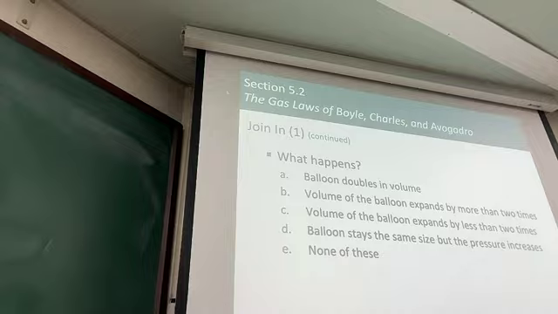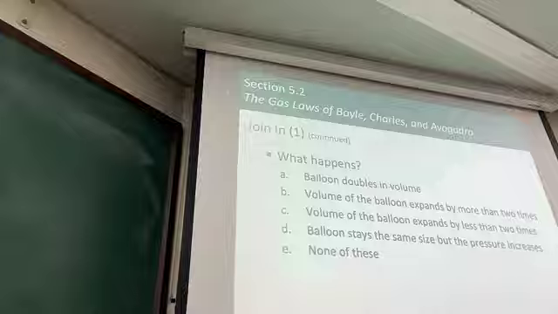So adding the argon to that, we will now add not the same amount of particles, but only half of these particles. And since the particle number directly relates to the volume, this means the volume cannot double. It cannot fully double because that would mean that we add exactly the same number of particles again, which we don't, it's only half, right? So A cannot be right.